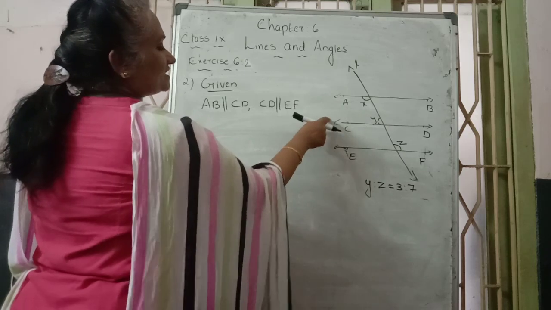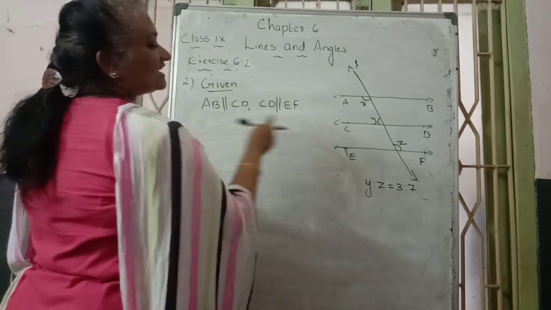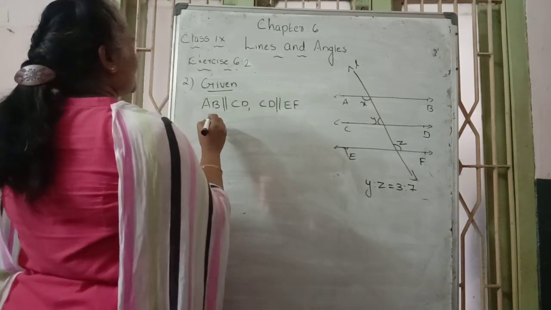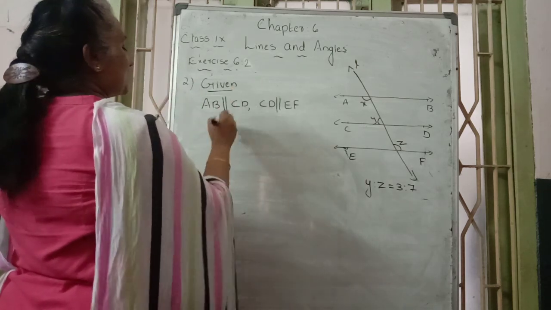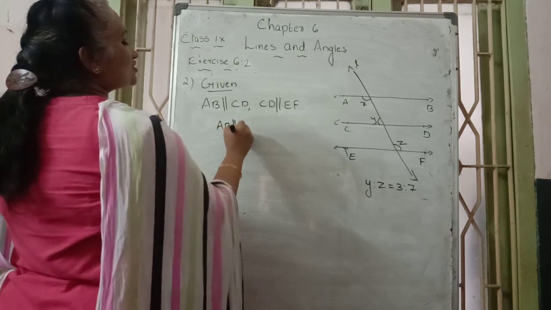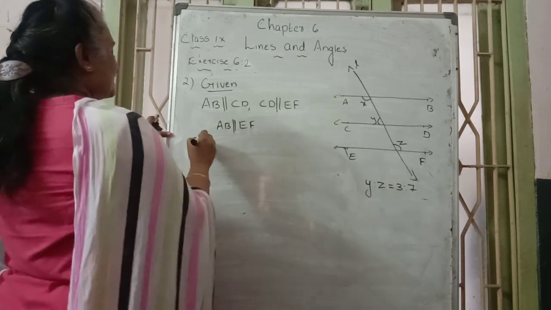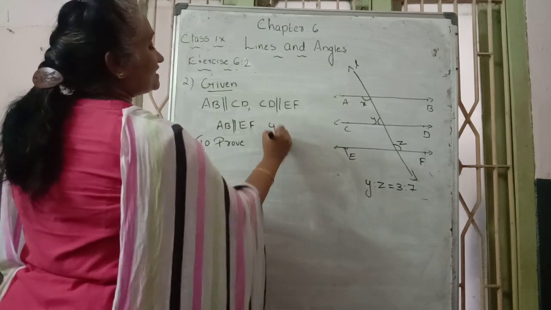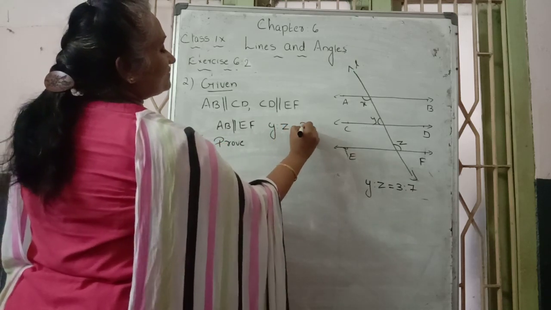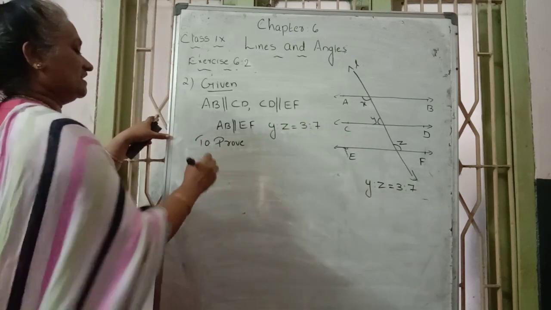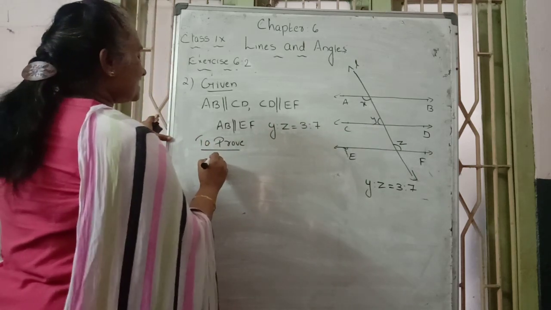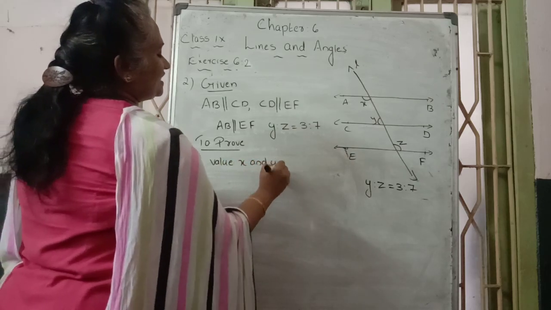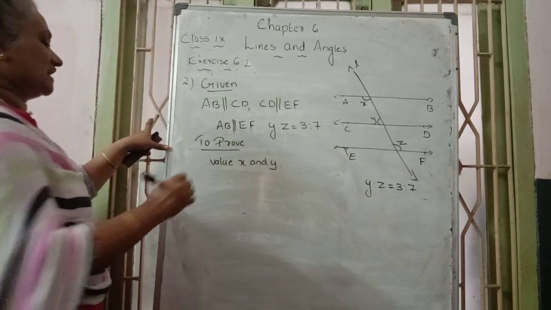These two are parallel, so AB and EF also become parallel. So we can say line AB is parallel to line EF. Then the ratio of y to z is given as 3:7. We want to find the values of x and y.